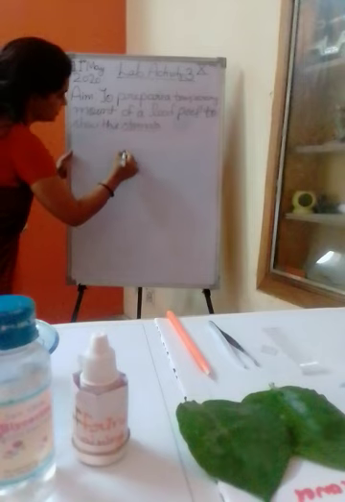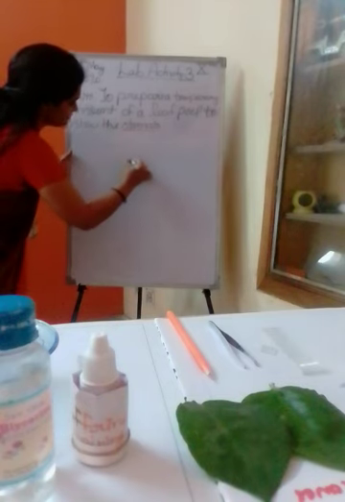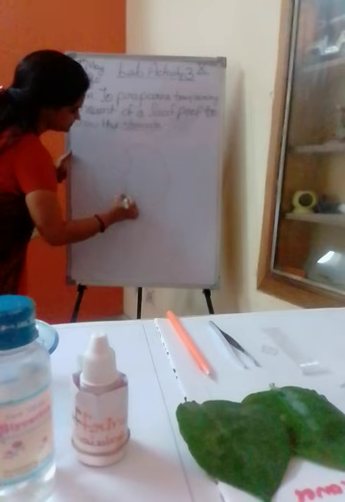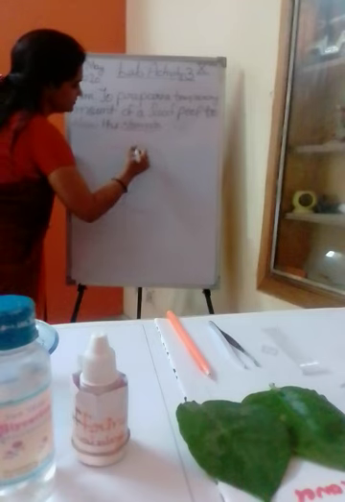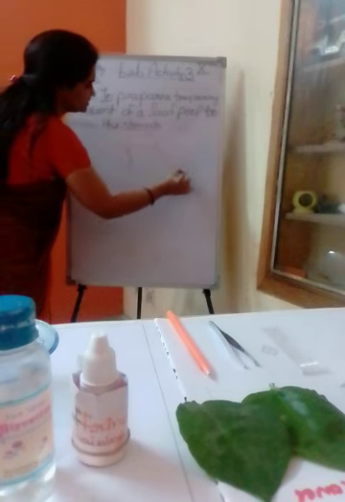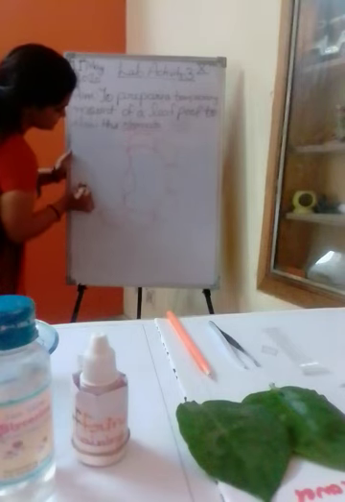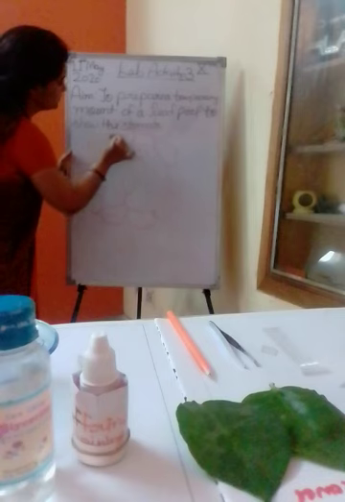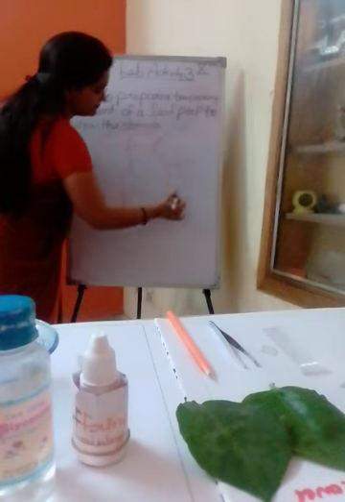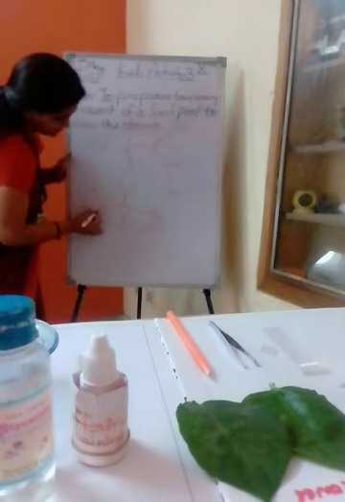This is the kidney shaped structure of the guard cell. Now the outer part of the stomata is the epidermis. Okay, what is this?